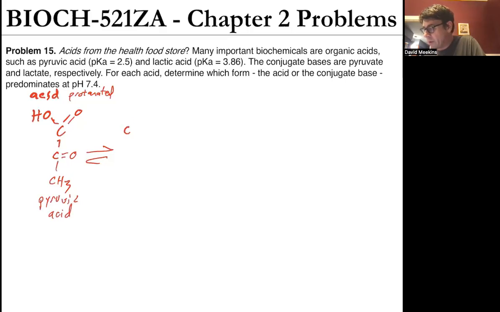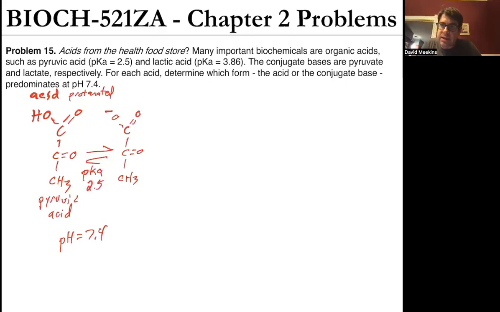The deprotonated form would be COO negative, then COCH3. So the question is asking which predominates at pH 7.4. Well, the pKa is 2.5, which means that at pH 2.5, this form and this form are going to be present in equal concentrations.